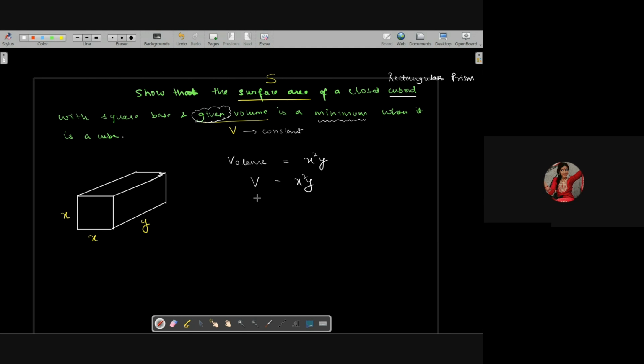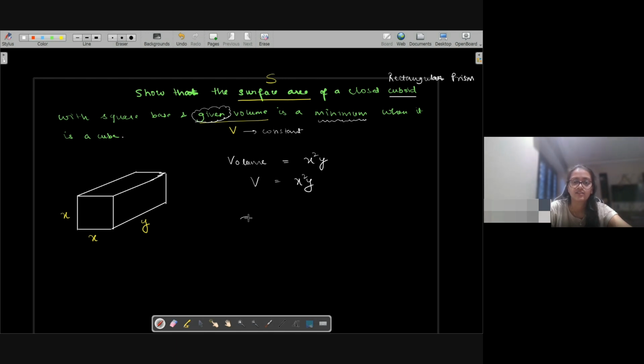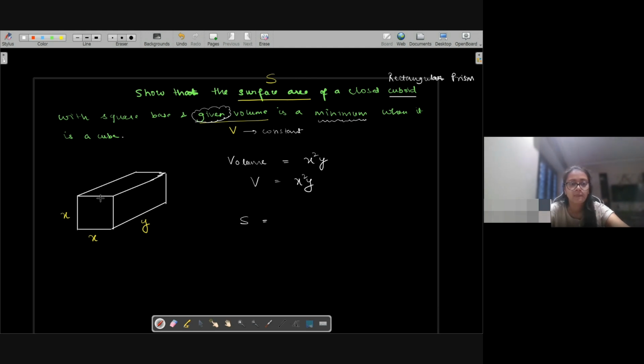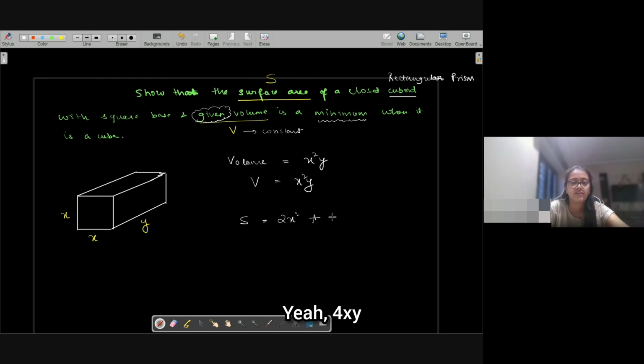Then we'll need to create a function for surface area. So surface area will be how much? Areas of all the surfaces. I think it's 2x squared plus 4xy. Yeah, 4xy.